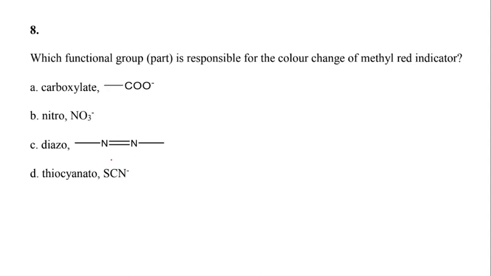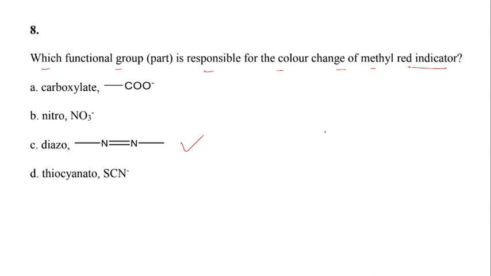Then question number 8: which functional group is responsible for color change in methyl red indicator? In methyl red indicator, which group gives the color? I think it is diazo, because diazo is known as a chromophore, and a chromophore is responsible for color change.